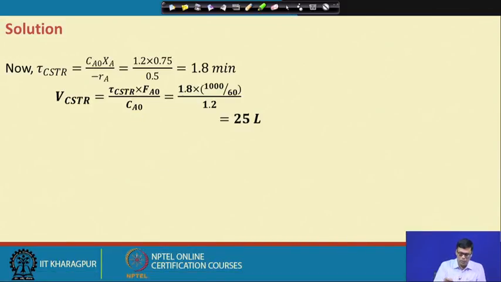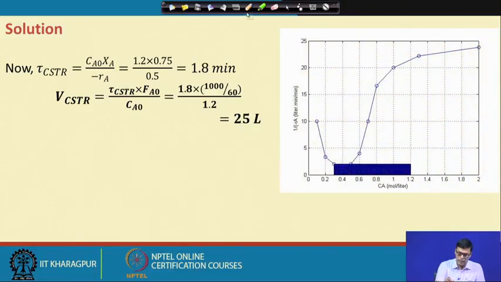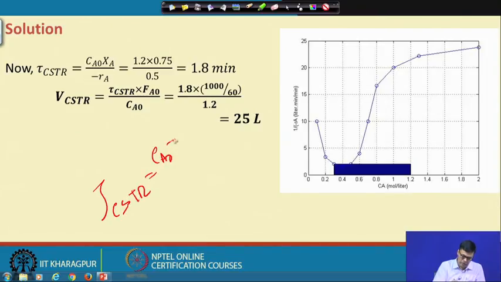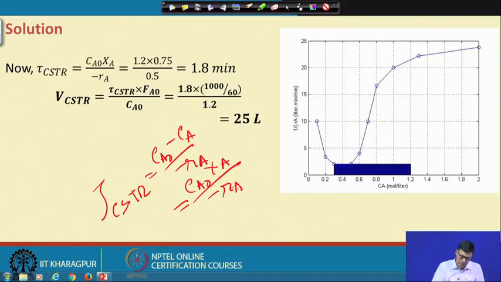Now, as I mentioned, tau CSTR is equal to CA0 minus CA over minus RA. Am I right? Also we can write this as CA0 into XA over minus RA. Why?